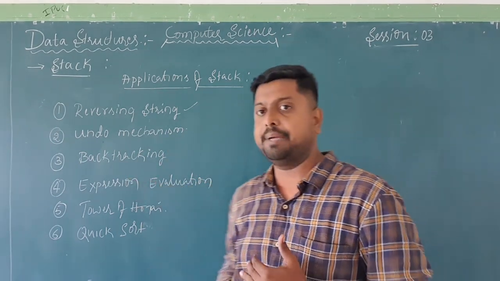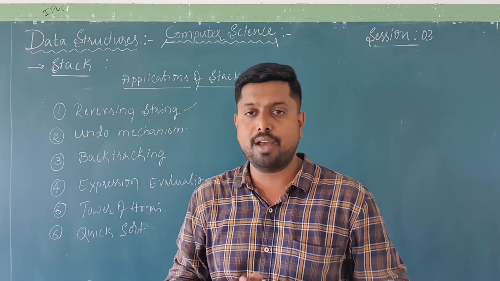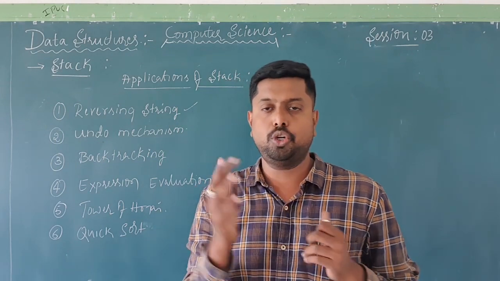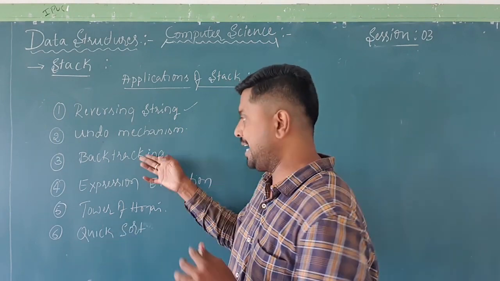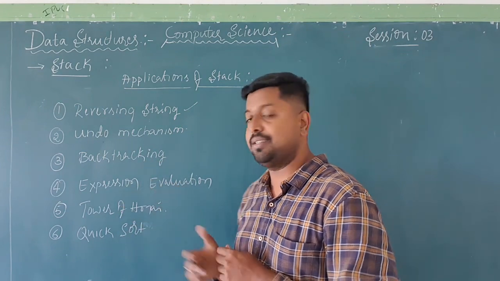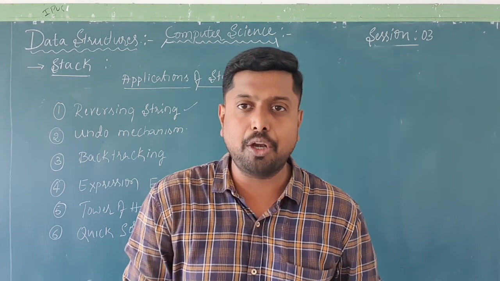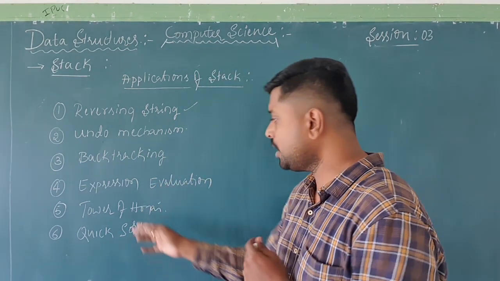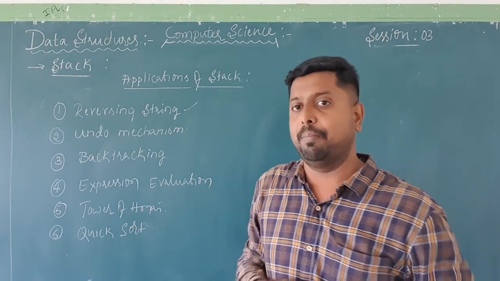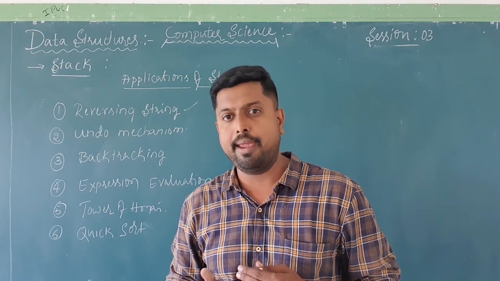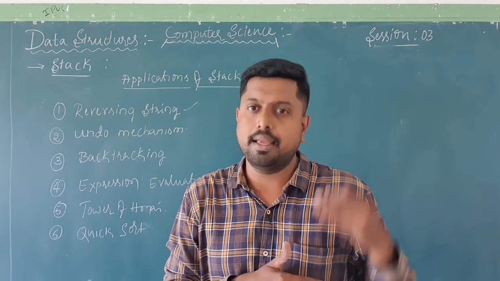Backtracking is a type of process where we search for a path to come out of a problem. Also, expression evaluation and conversion of expressions. There also we are using a stack. Tower of Hanoi is a type of problem solving technique, and there also we use stacks.